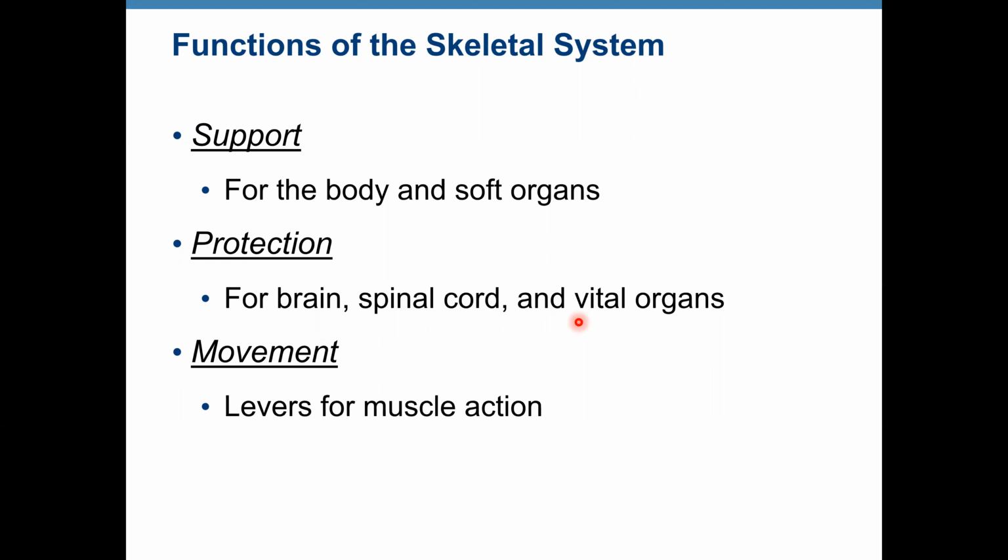For example, the thoracic cage or rib cage protects your lungs and your heart. The heart is well protected because it's located in the mediastinum, and the mediastinum is the area behind the sternum. So it's a nice bony protection of the heart.